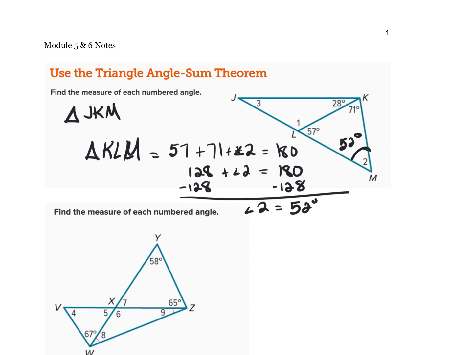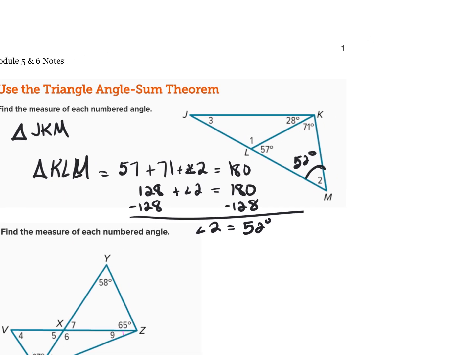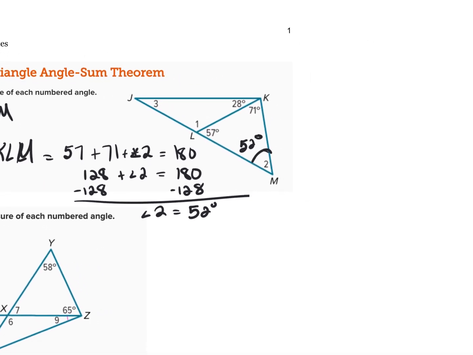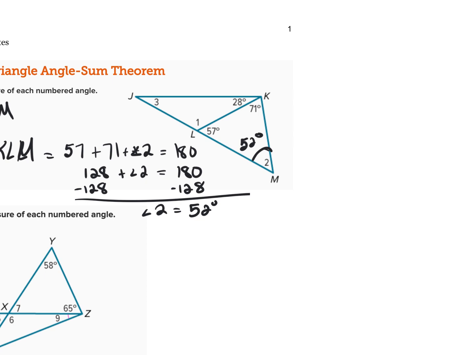Okay, so now let's look at the smaller triangle JKL. I mentioned earlier that there are two unknowns here, and angle 2, unfortunately, although I've solved for that angle, it doesn't help me determine the measure of angle 1 or angle 3.